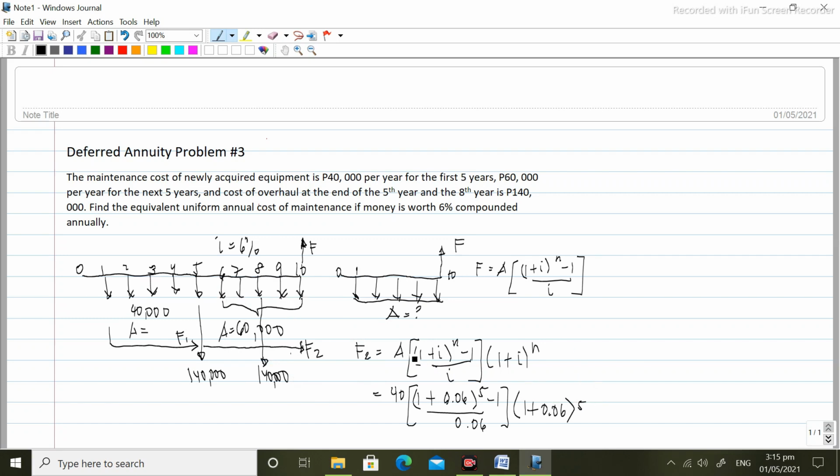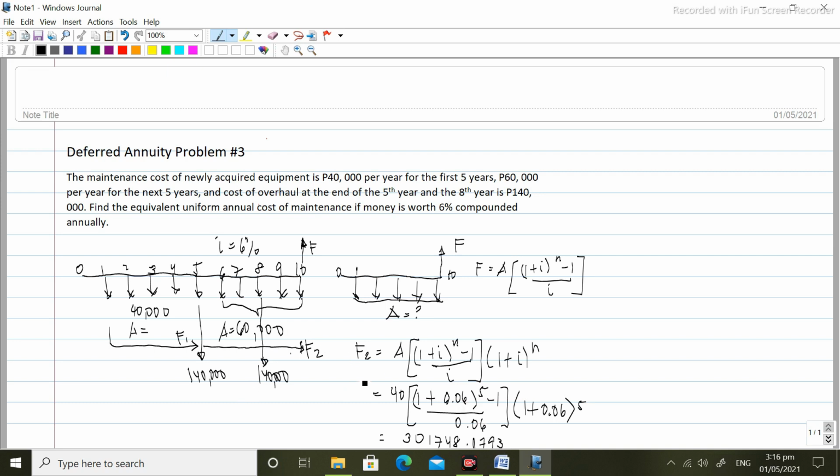Kung nalilito ka dito sa formula, ganito na lang gawin mo. Ordinary annuity, lagay mo muna dito sa 5th, kung saan yung dulo ng annual payment. And then, itong F1 na to, ipunta mo ulit dito sa future. So, magiging dalawa. So, ganun din yan. Makukuha mo same value. At meron tayong 301,748.0793. Okay?